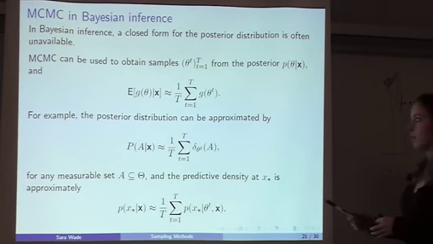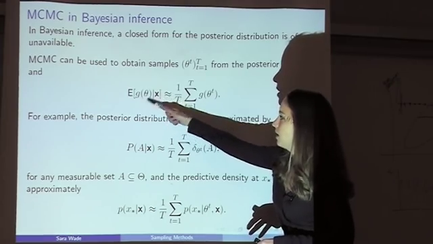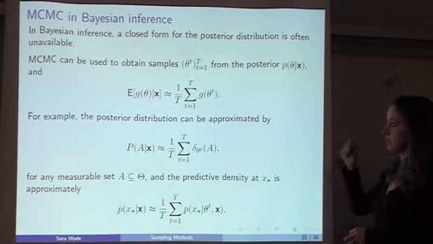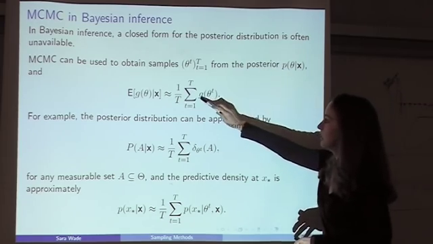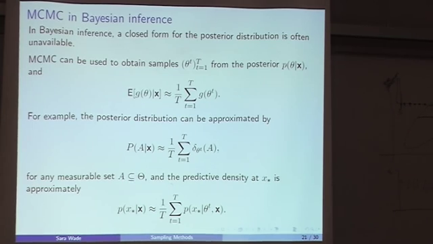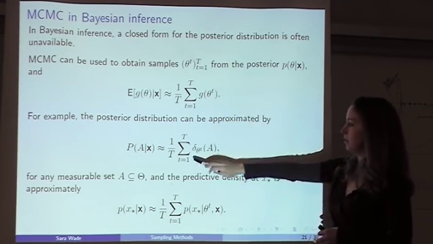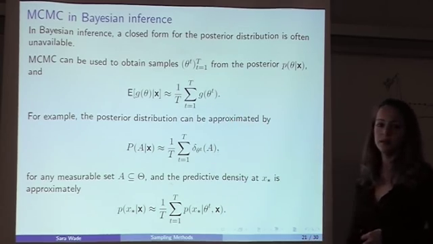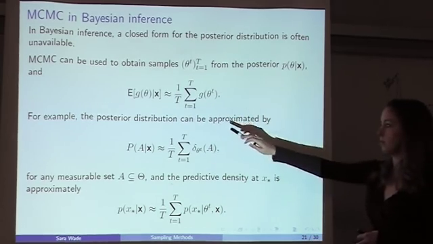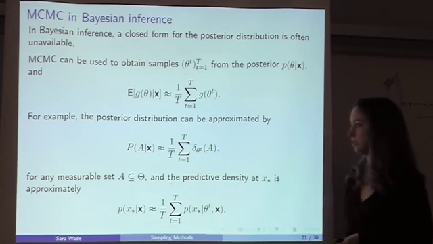Then from the theory on Markov chain Monte Carlo, we know that this expected value can be estimated by just plugging in our samples theta t into the function g and taking the average. So this means, for example, that if g is just the indicator that theta t is in some set A, we can approximate our posterior distribution with point masses at our samples with weight 1 over T.